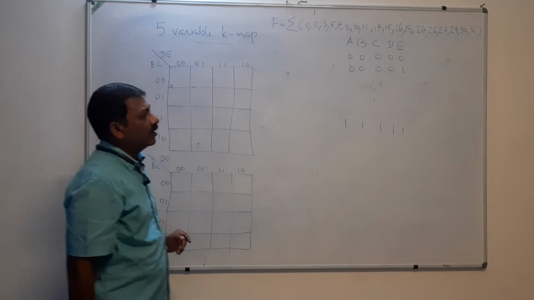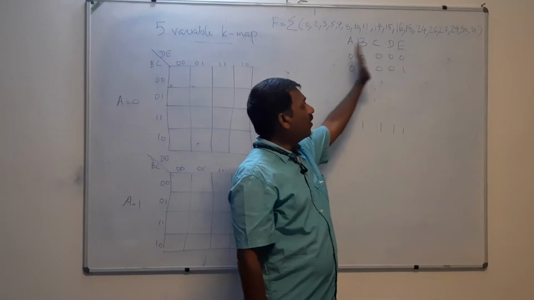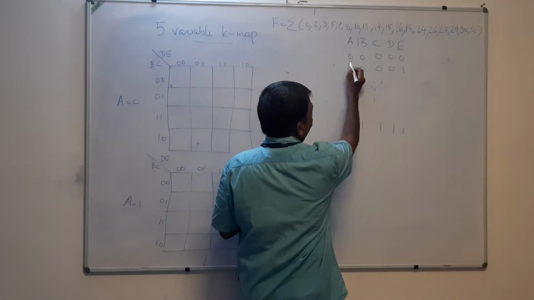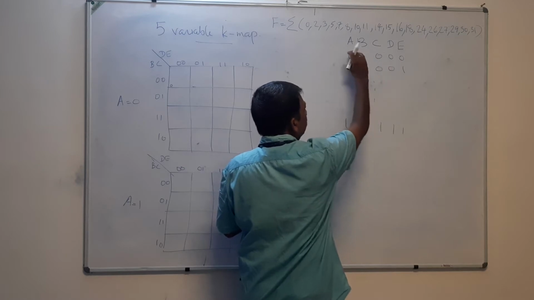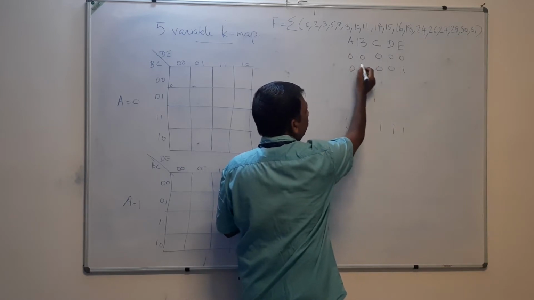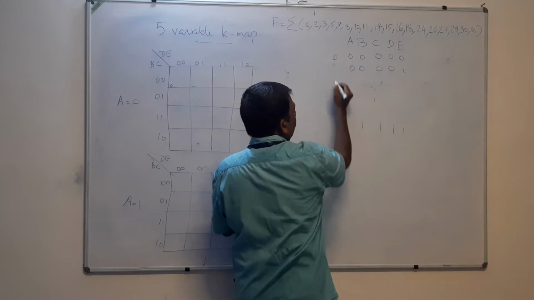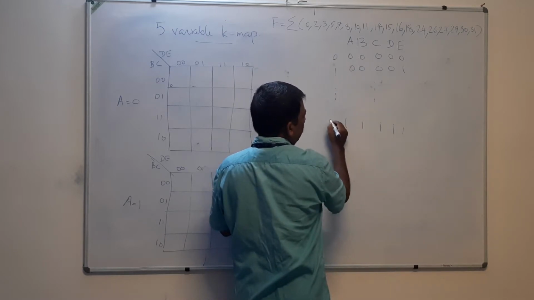When you have five variables, the different combinations or patterns vary from 0 0 0 0 0 to 1 1 1 1 1, or 0 1 2 3 etc. up to 31.